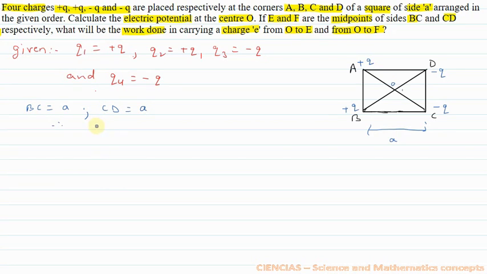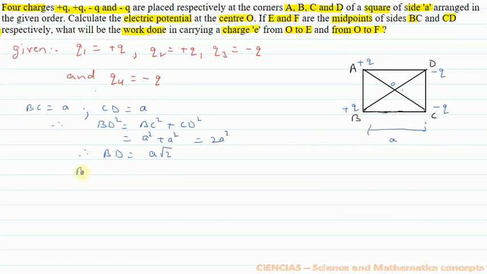Therefore, by Pythagoras theorem, BD square is equal to BC square plus CD square, that is equal to a square plus a square, which is equal to 2a square. Therefore, BD is equal to a root 2. Now we want to find out electric potential at center.